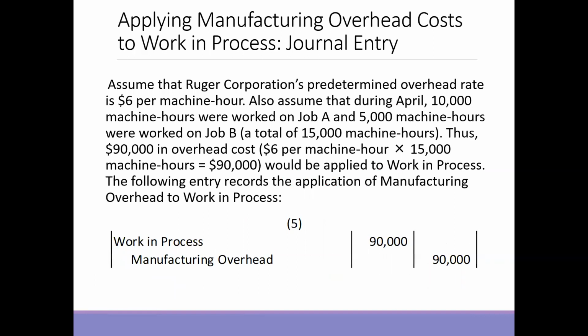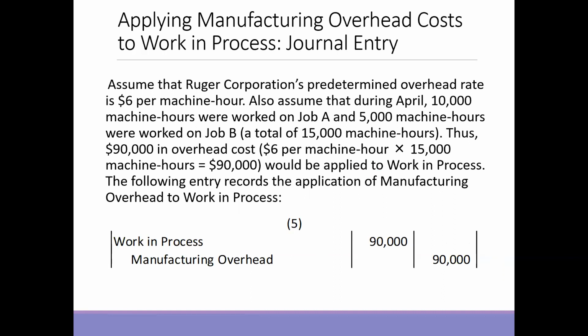So again, for this job, we're going to take some out of manufacturing overhead, put it also into our work in process. So in this case, the predetermined overhead rate is $6 per machine hour.